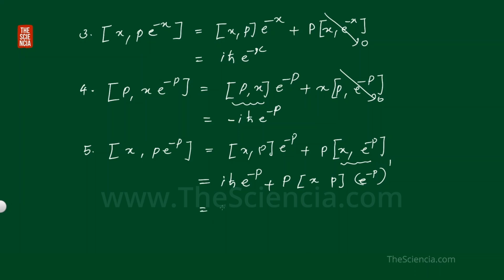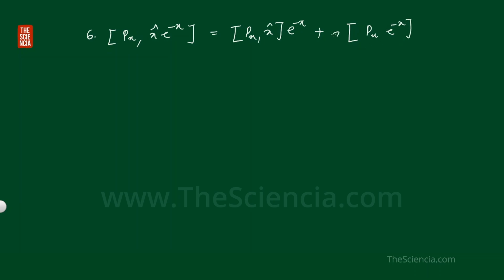So this is equal to iħ e^(−p) plus p into iħ into the derivative of this function, e^(−p) into minus 1, right? So we will get this is equal to iħ e^(−p) into (1 minus p).